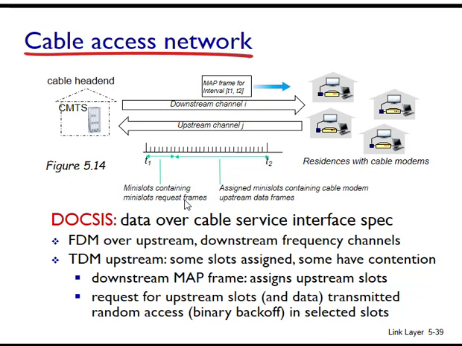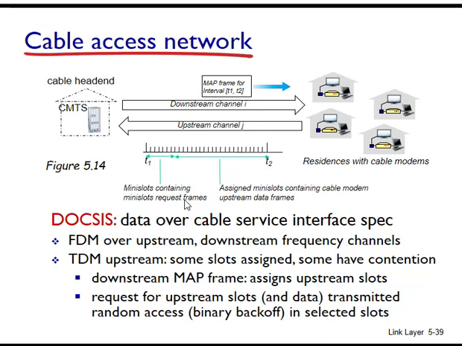As illustrated here in Figure 5.14, each upstream channel is divided into intervals of time, similar to time division multiplexing, each containing a sequence of mini-slots during which cable modems can transmit to the cable modem termination system. The cable modem termination system explicitly grants permission to individual cable modems to transmit during specific mini-slots.